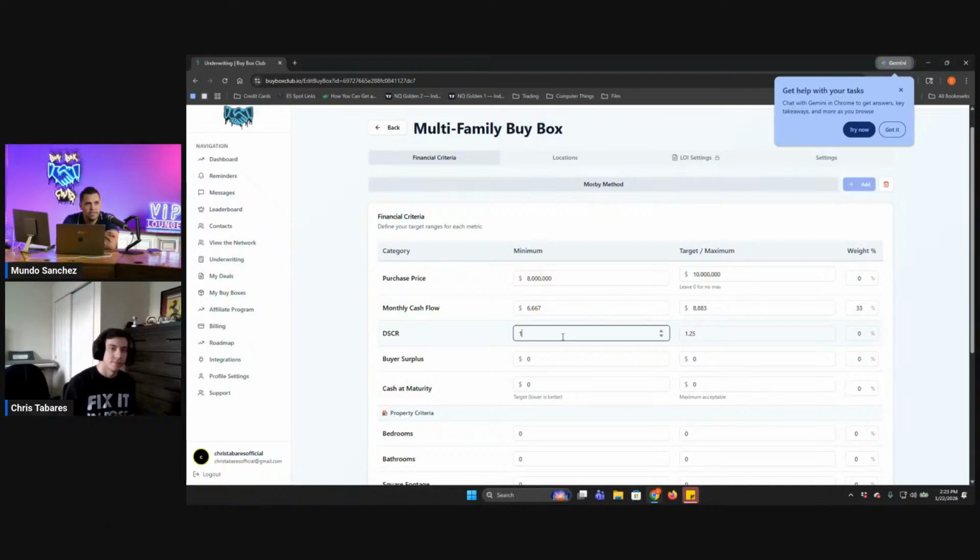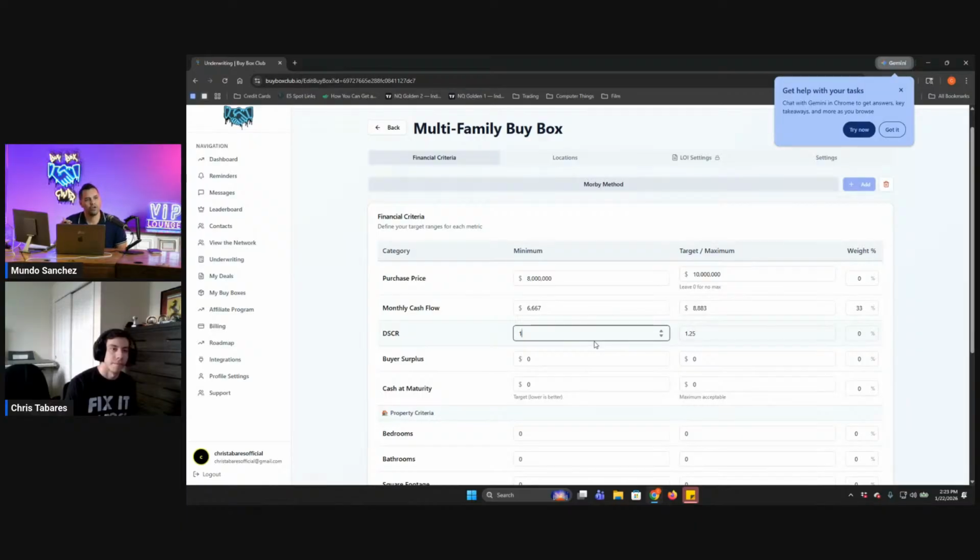For me, just by basic math, if the cash flow is where I need it to be, the DSCR takes care of itself. If I'm hitting my targets, the DSCR is going to be strong. So you can put some values in there, probably wouldn't go below 1, between 1 and 1.3. To your point, 1.25, if you want to put that, it's perfectly fine.